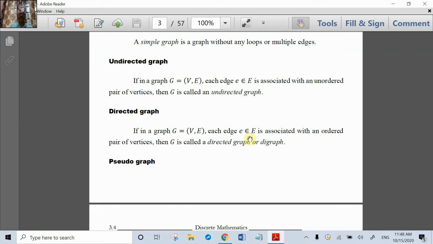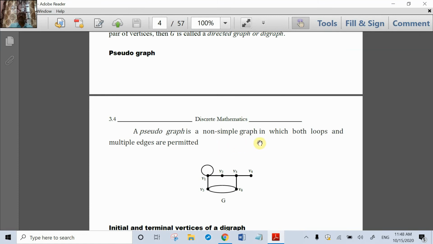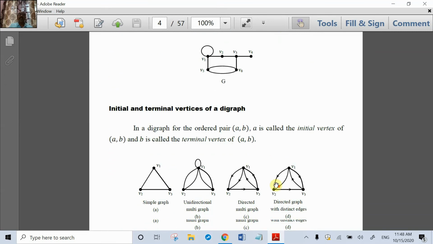Directed graph means there is a direction with the edge. Pseudo graph means a non-simple graph with both loops and multiple edges. Now see, this is a digraph. There is direction. This is a simple graph. This is a multi-graph or pseudo graph.